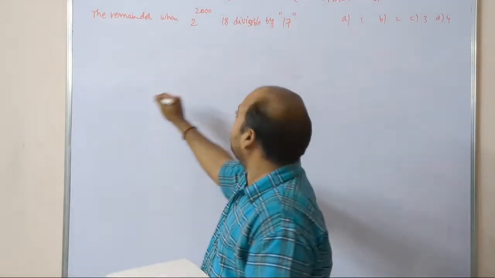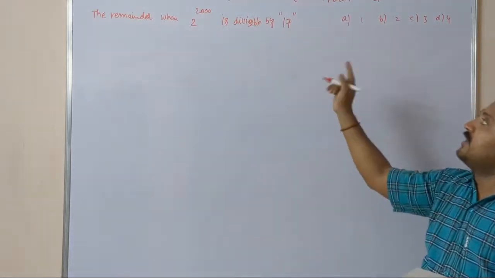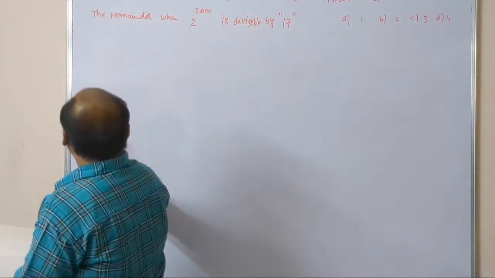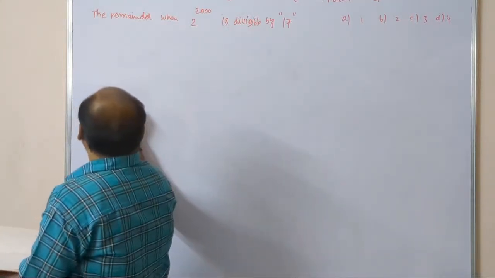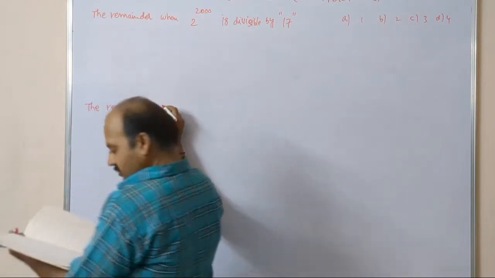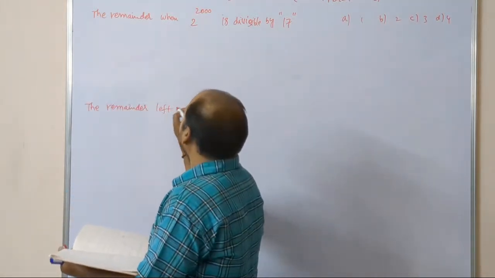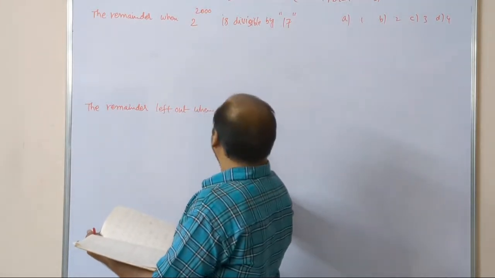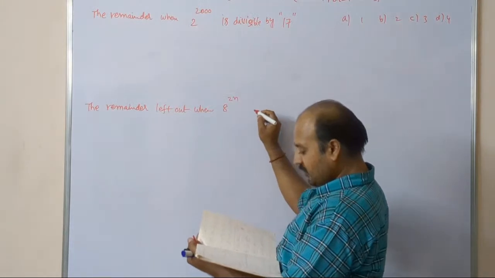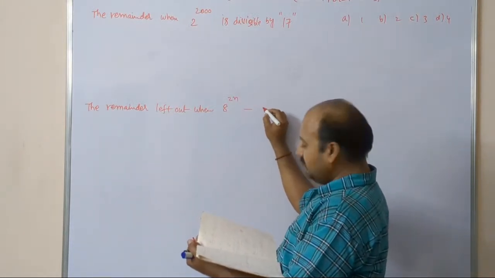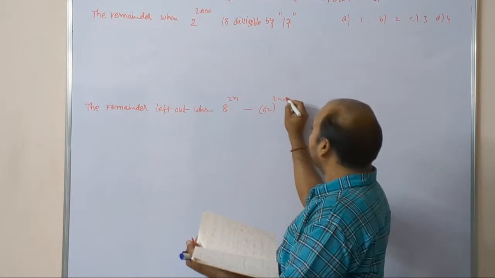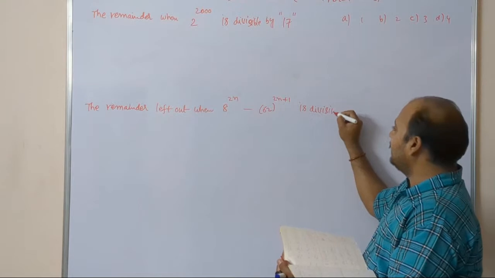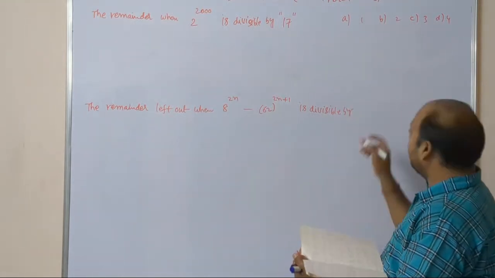The same category question: the remainder left out when 8 power 2n minus 62 power 2n plus 1 is divided by 9.